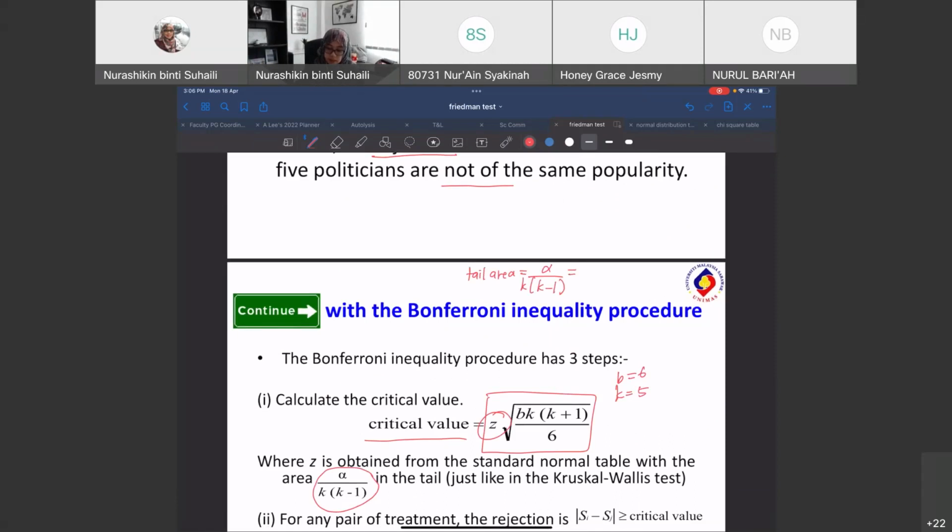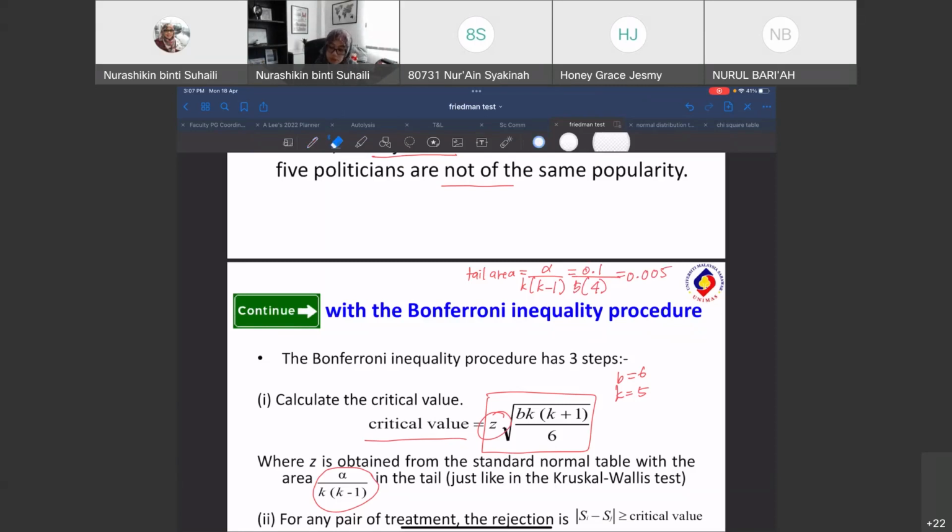Alpha is 0.1, and K is 5. 5 minus 1 is 4. So the value here is 0.005. So that is the tail area.